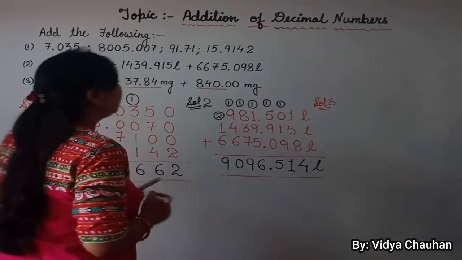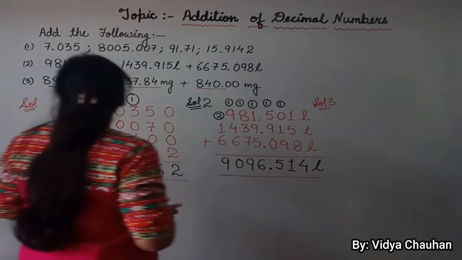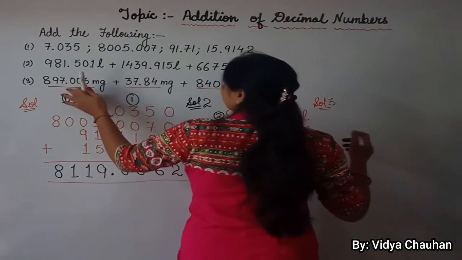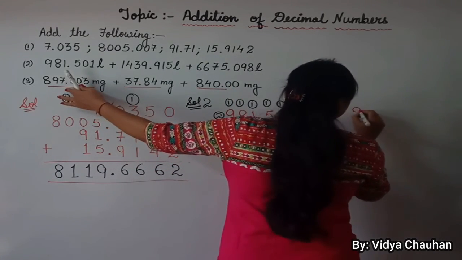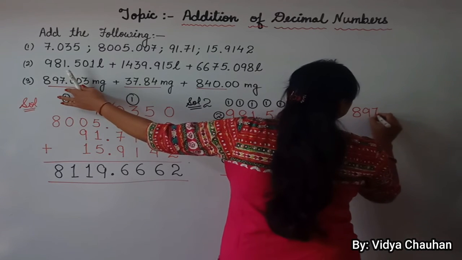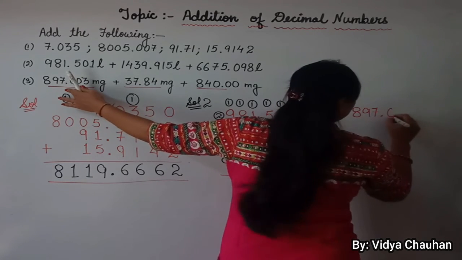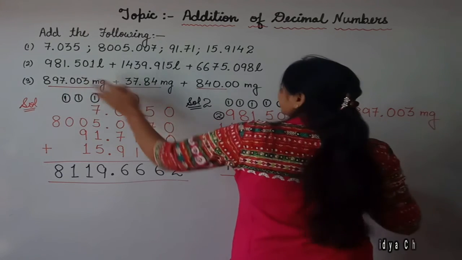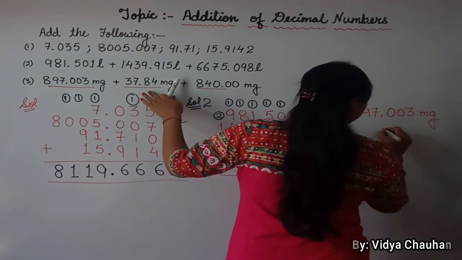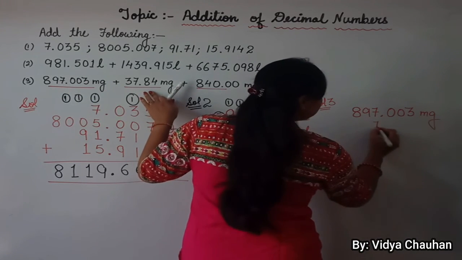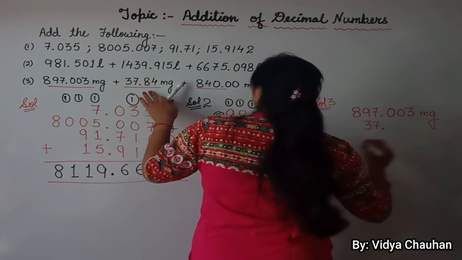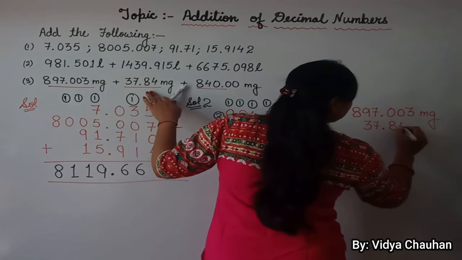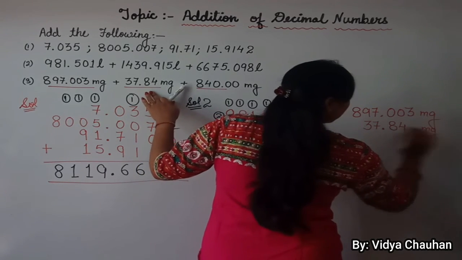Now let's write the numbers in vertical format. So the first number is 897.003 milligram. The second number is decimal here. Ones place 7, 3. So it is 37.84 milligram.